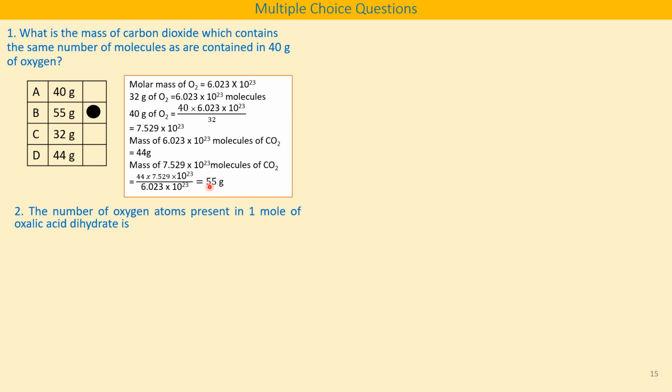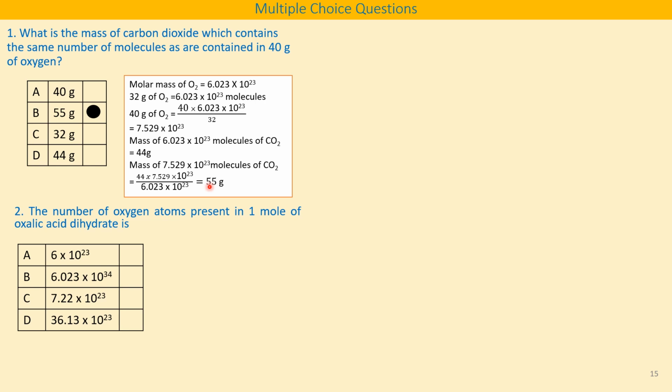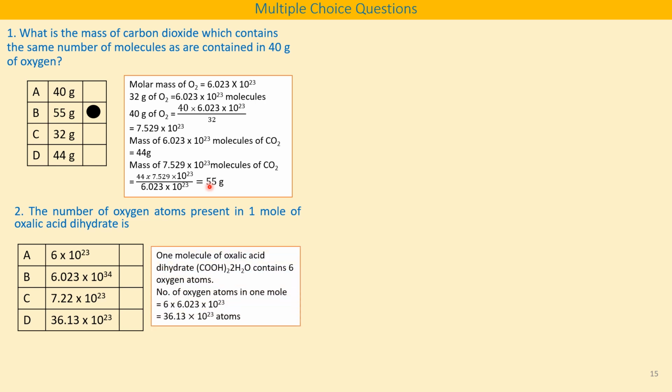The number of oxygen atoms present in 1 mole of oxalic acid dihydrate is, you are given 4 options. We have to analyze and choose the correct answer. So let us do analysis. 1 mole of oxalic acid dihydrate, whose formula is (COOH)2·2H2O, contains 6 times... 2 here and 2 into 2, 4, plus 2 into 2H2O here, so 6 atoms.